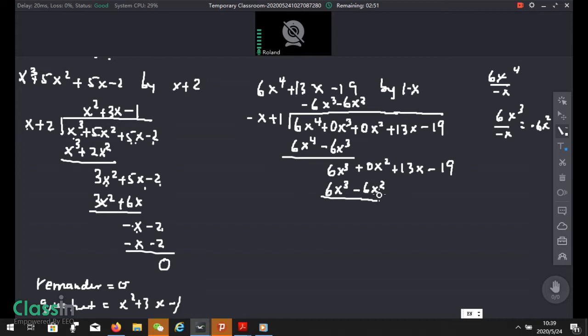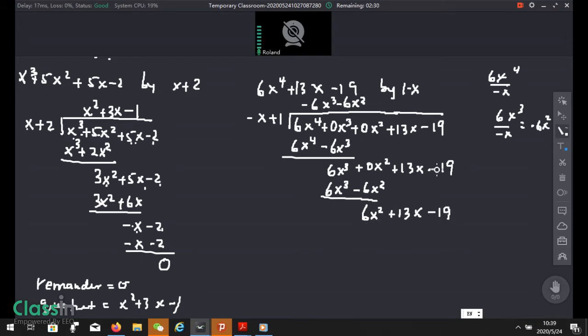If we subtract, 6x cubed minus 6x cubed goes to 0. 0x squared minus negative 6x squared, we have positive 6x squared. We're still left with positive 13x and negative 19.